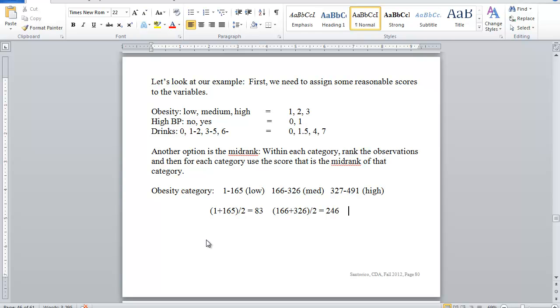And for the last category, you would use a score that would be 327 plus 491 divided by 2, and that's 409. So these would be the scores that you would use for those categories.